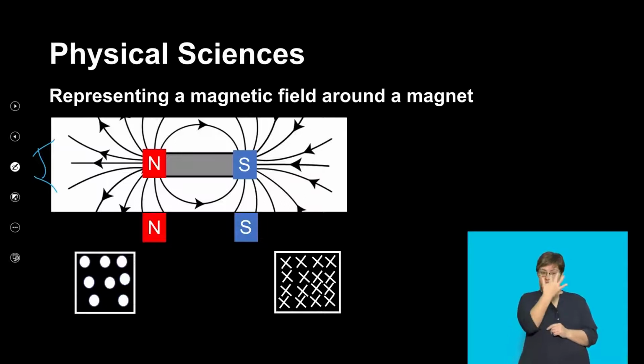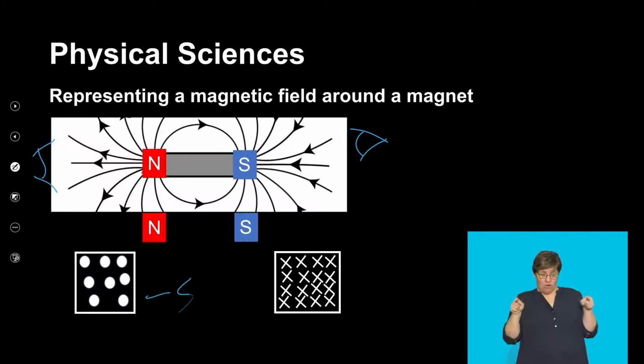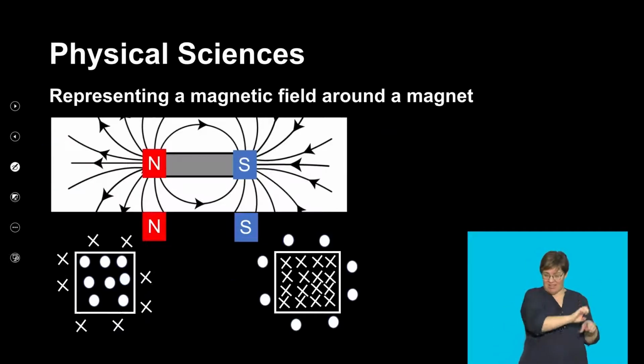That's why we've got those ones. And over here, we'll see the field lines are all going in and they're clustered together. That tells us this is strong. And where they're strong, in terms of the magnet, we say that's a pole. If we add to the field lines on the outside, you'll see they are spread out. And that's exactly what's happening here.